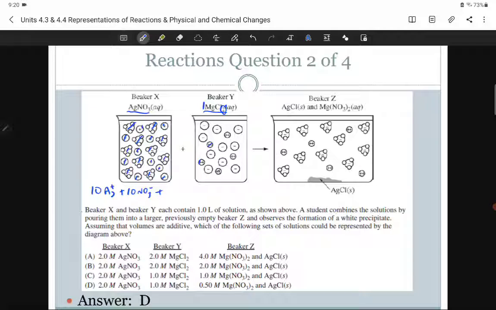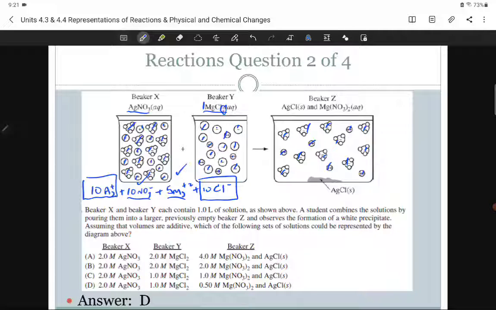And we have 5 magnesium ions, and 10 chloride ions. So what is going to be in this chemical reaction? Those would be the 2 items that would be in the chemical reaction, meaning that these should be left over. If I go over and count, that's 5 magnesiums, and that's 10 nitrates.